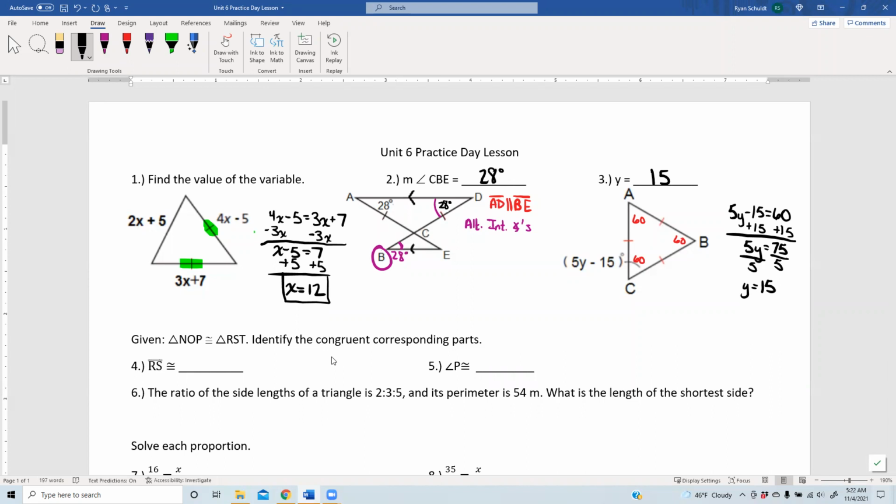Well, RS has to be in the same spot as whatever other part we say. So for RS, we have to say NO, because N goes with R, O goes with S. So this will be segment NO.